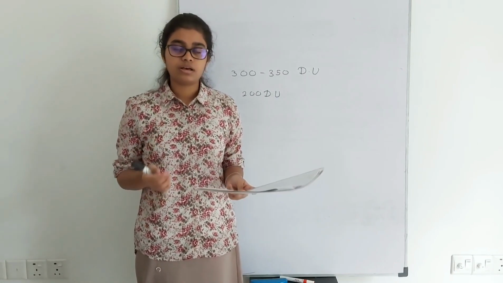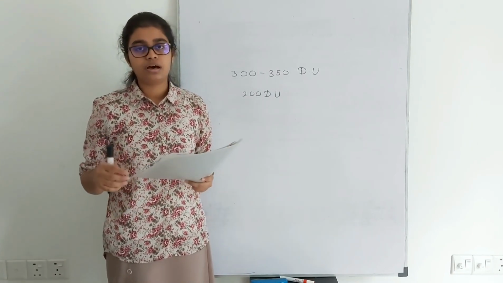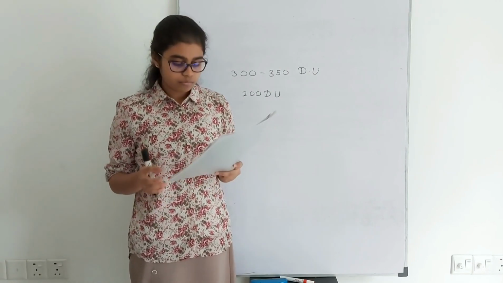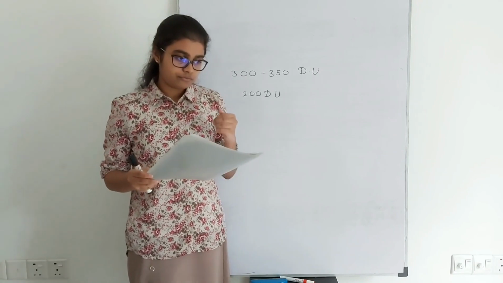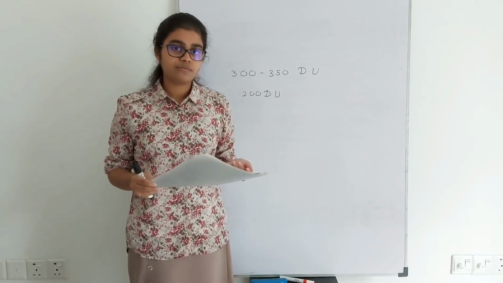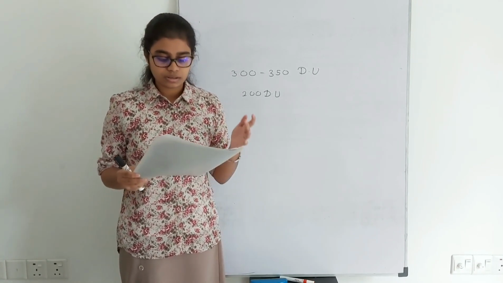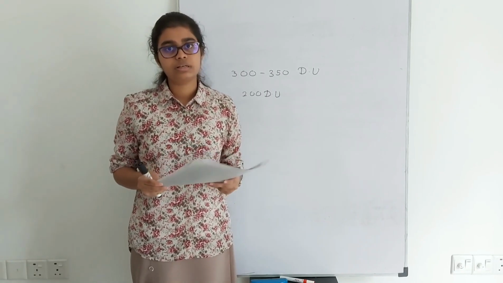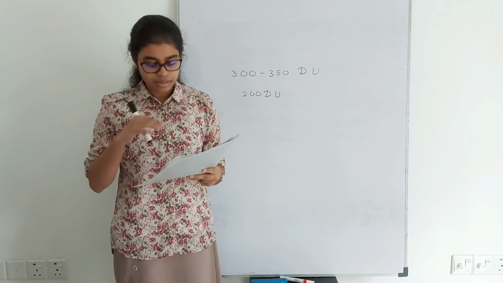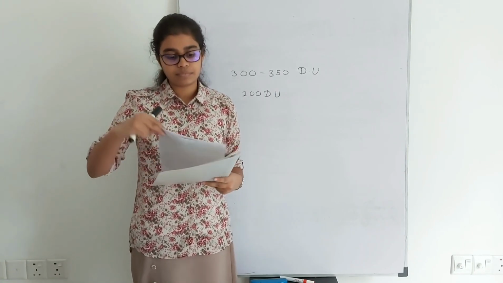Examples are chlorofluorocarbons, hydrochlorofluorocarbons, bromomethane and halogens. Ozone depletion occurs when the balance between the natural production and destruction of ozone is lost or disturbed.